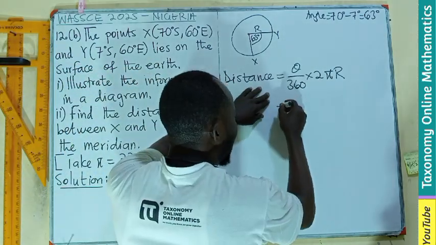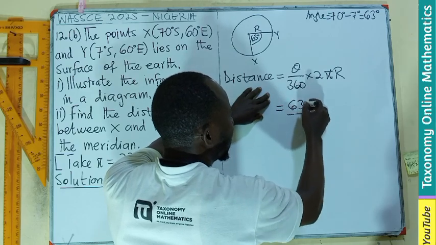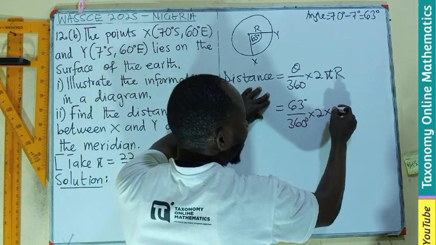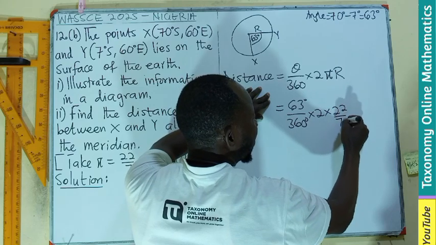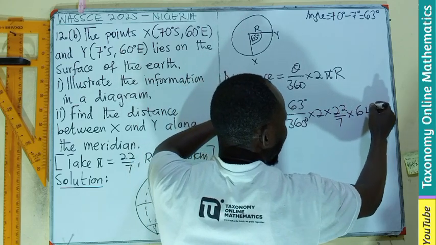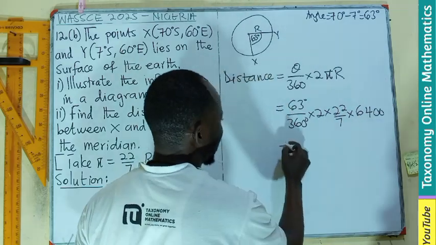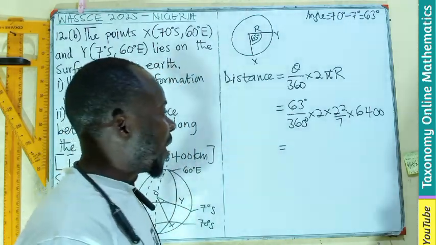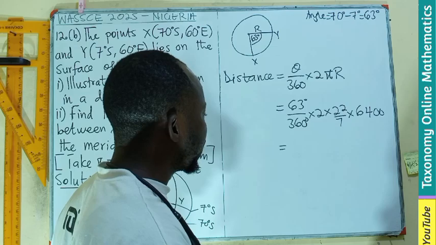So let's indicate the angle 63 degrees over 360 degrees, times 2 times pi, 22/7, times radius 6,400. I guess we can put all this in our calculator and find what the value will be.